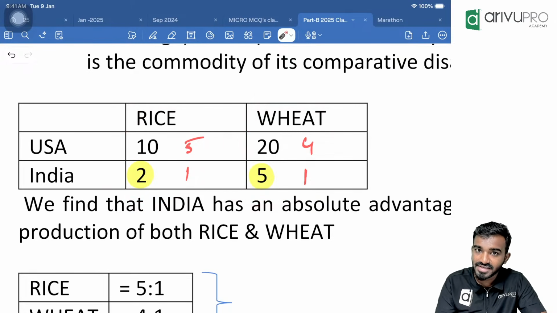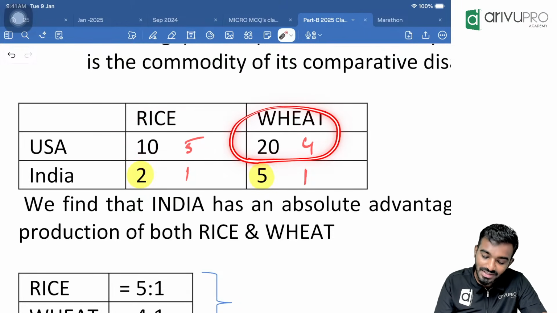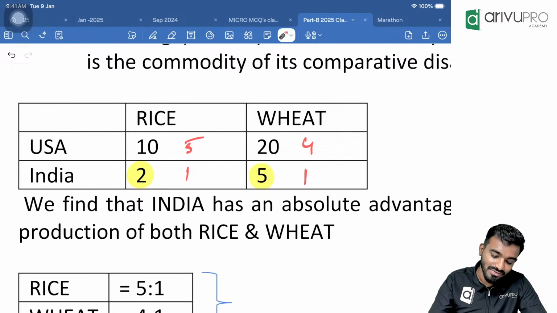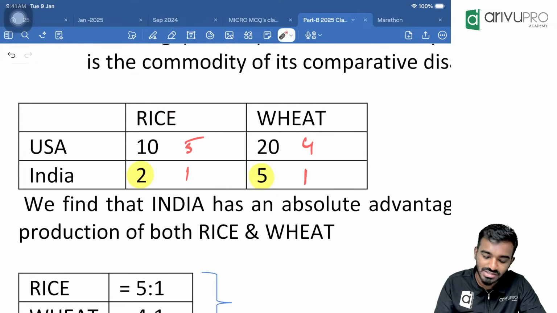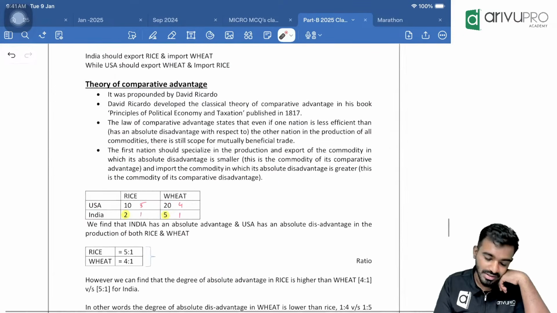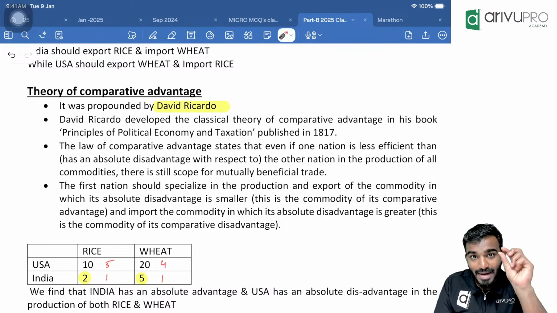If I compare the same with USA, USA has a disadvantage in both. Lesser disadvantage in wheat, greater disadvantage in rice. So the disadvantaged country will select the lesser disadvantage, the advantaged country will select the greater advantage. Like this, still mutually benefiting trade is possible, and this concept was introduced by David Ricardo. He spoke about comparative advantage.